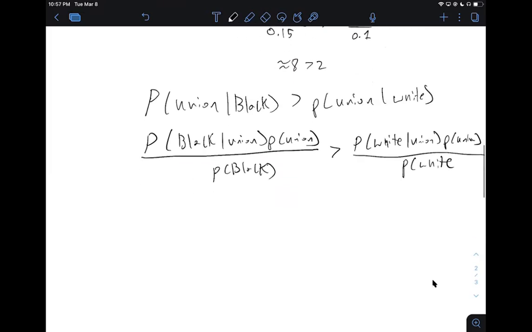And we can now do a very similar thing where we get the probability of union membership out of the numerator in both cases. And then we can just do a tiny bit of rearrangement.